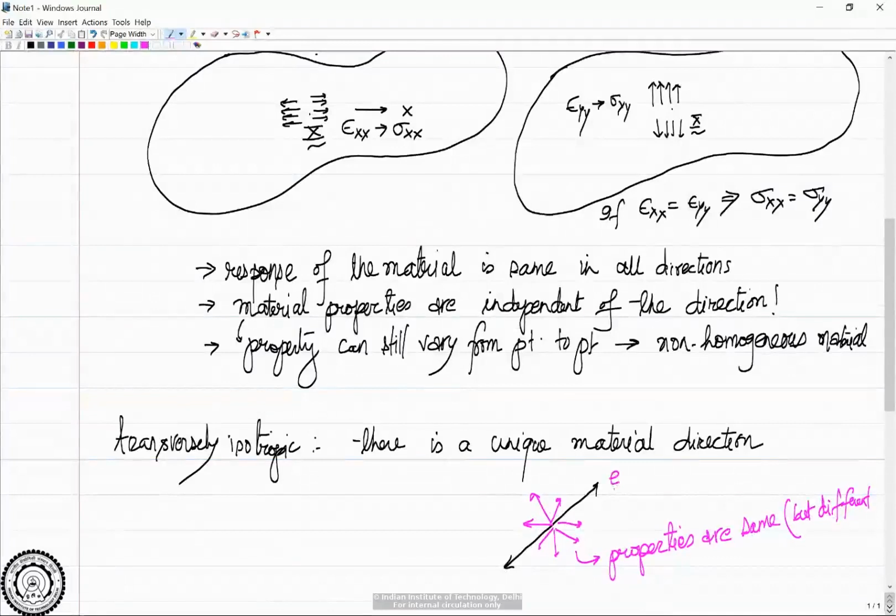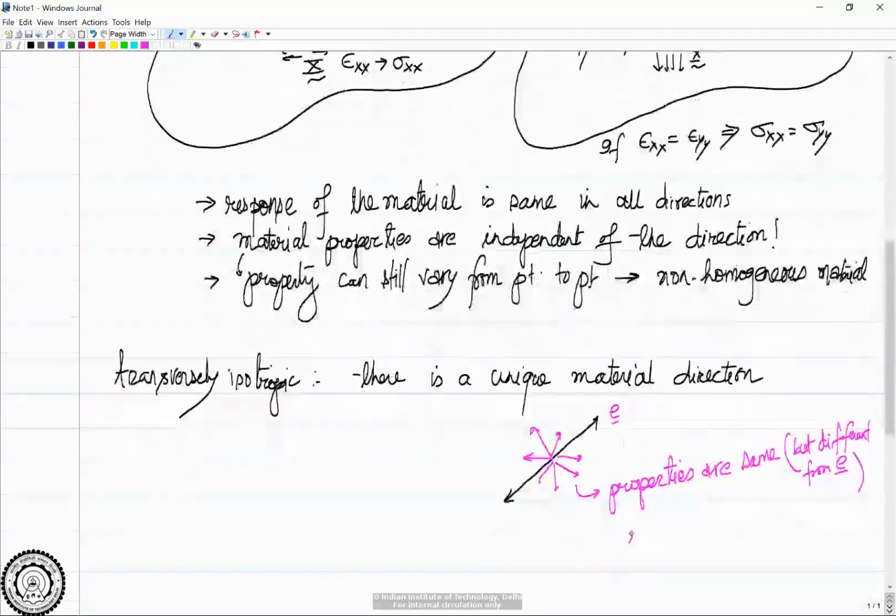Let us say this is E, but different from E in all directions transverse to E or perpendicular to E.